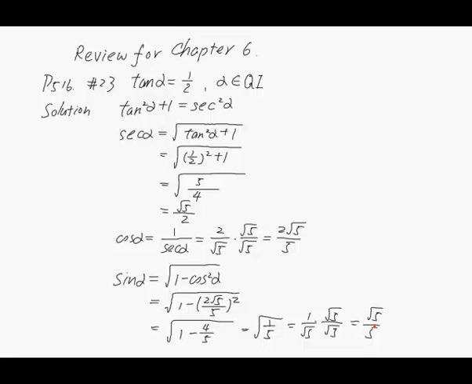So now, from here, we can immediately get the cosecant alpha. Let's move to the next page. So cosecant alpha is equal to the reciprocal of sine alpha. So sine alpha is equal to 1 over root of 5.